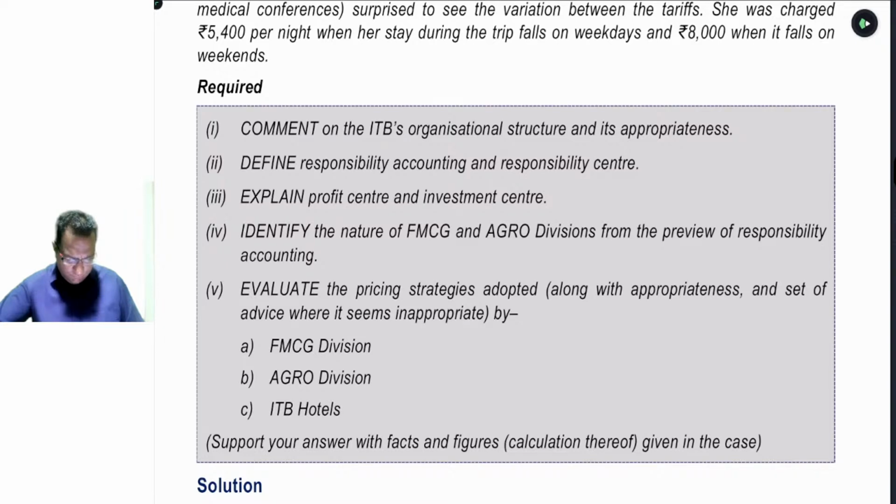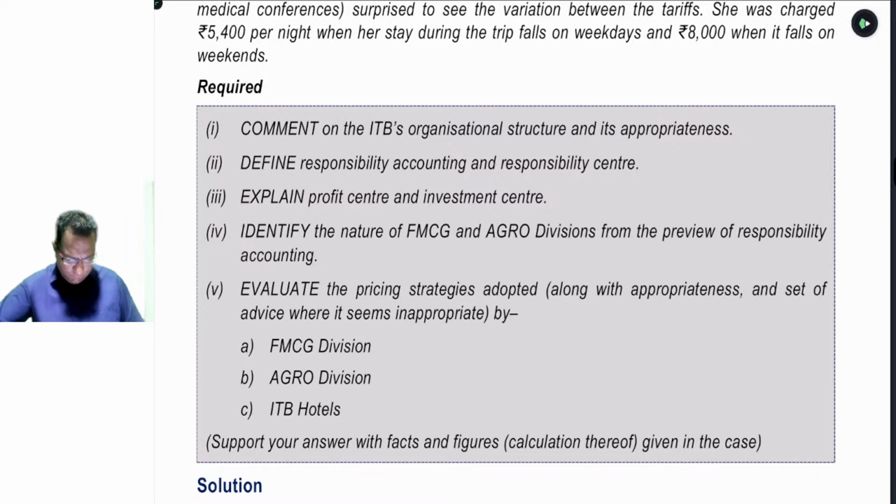First of all, from the preview of responsibility accounting, both the departments are decentralized because they are taking decisions on their own. Now we have to bifurcate the departments into profit center, revenue center, cost center, or investment center.